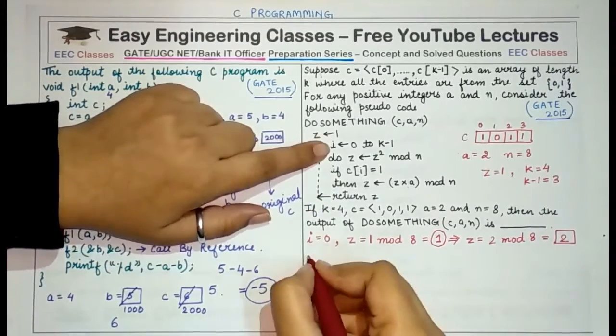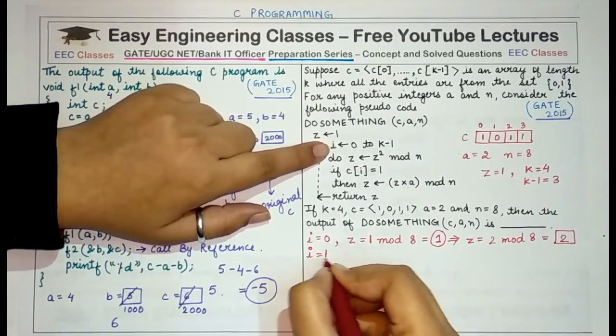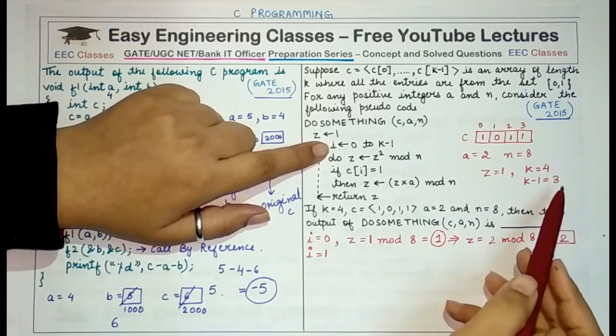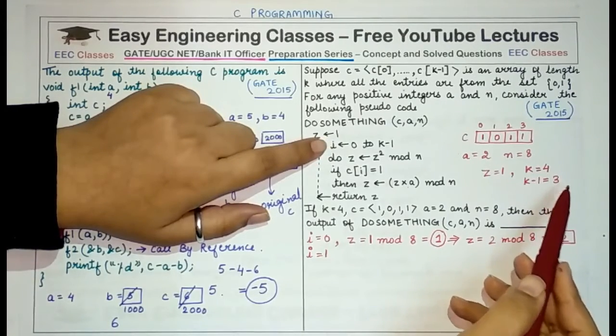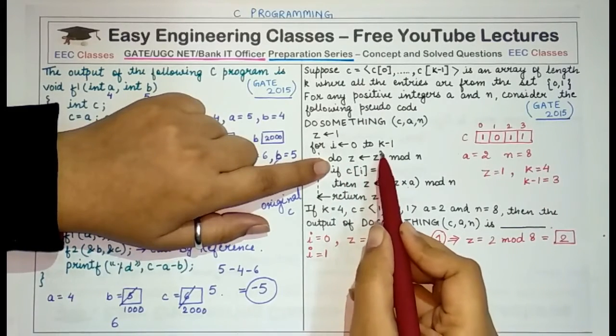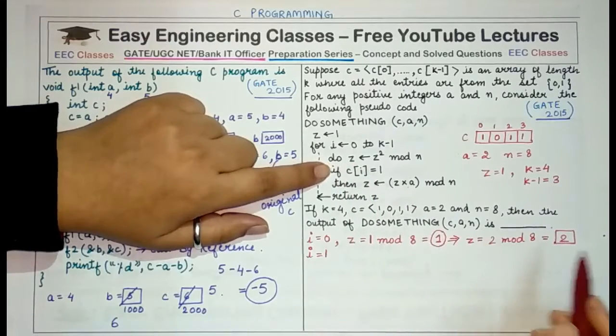Okay, after this iteration, the value of Z is 2. Now I is incremented. The value of I becomes 1. 1 is less than 3, or actually less than or equal to 3. So we assign the value of Z square mod N to Z. Now what was Z? The value is 2.